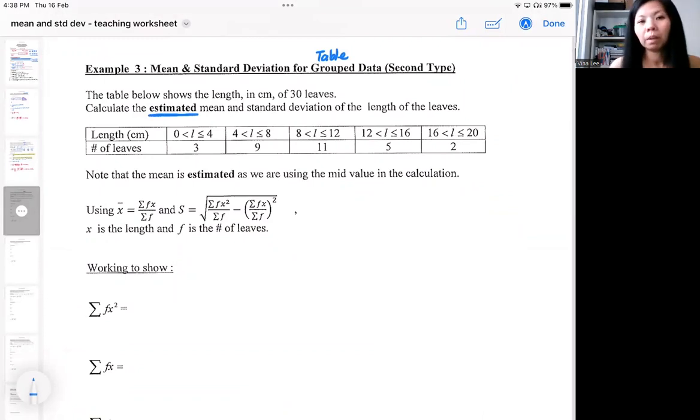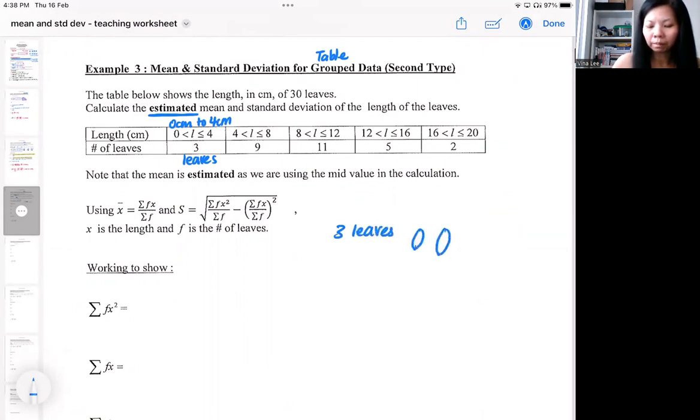In this table, we are showing the length of 30 leaves. If you look at the interpretation, there are 3 leaves whose length is between 0 and 4 centimeters. For these 3 leaves, I don't know their actual length.